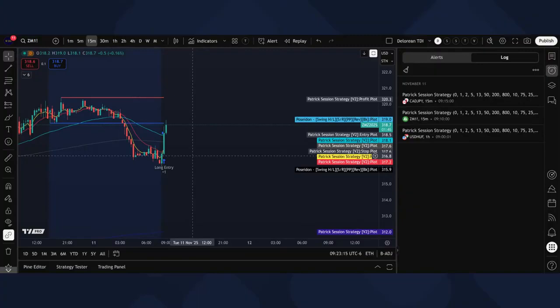All right, a little less than 10 minutes to go before we get the markup here. We'll see what we end up with.